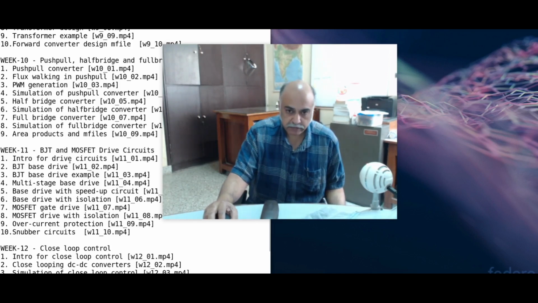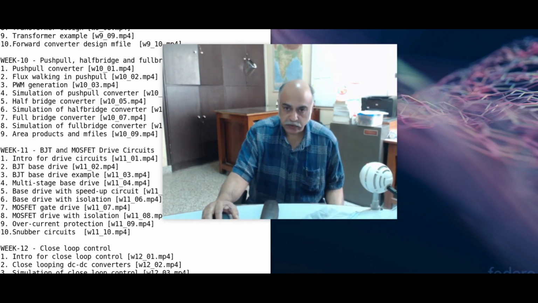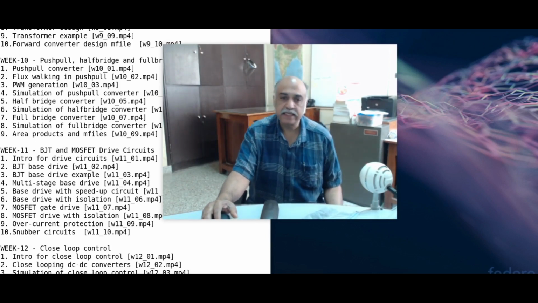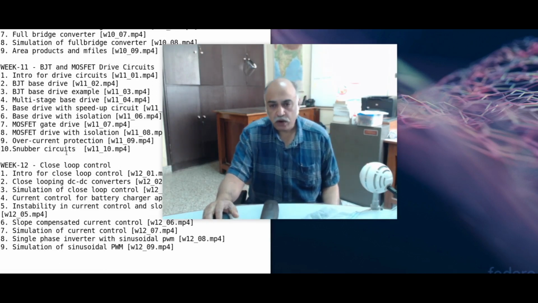various merits and demerits. And in that week we will also touch upon something called snubber circuits, which will kind of ease the stress on the power semiconductor devices. How do we go about doing that? Finally, week 12 we will conclude with closed loop control. Almost all the applications will need closed loop control for regulation.